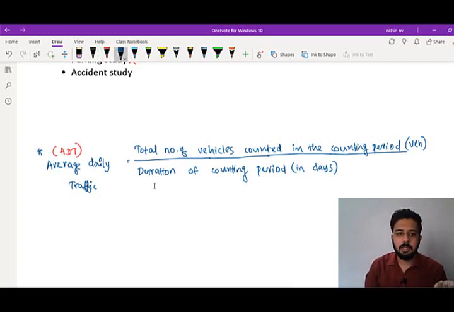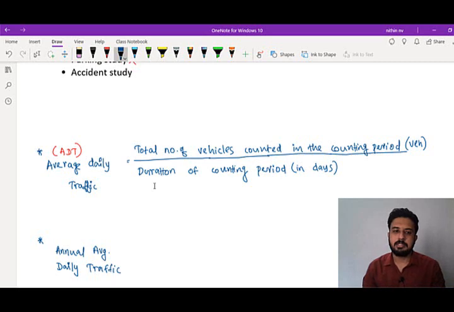Everyone knows that. But there is another term which we call annual average daily traffic. That can be asked in some exams, or at least you should know the difference between average daily traffic and annual average daily traffic. Simply what we have written here is for the counting period, right?